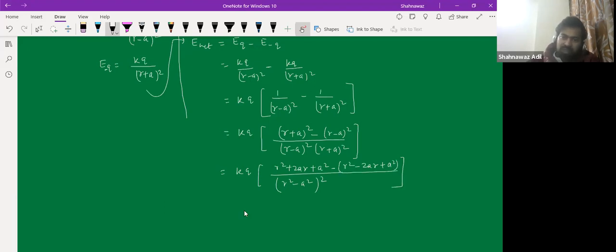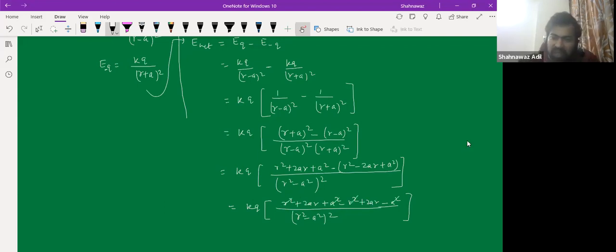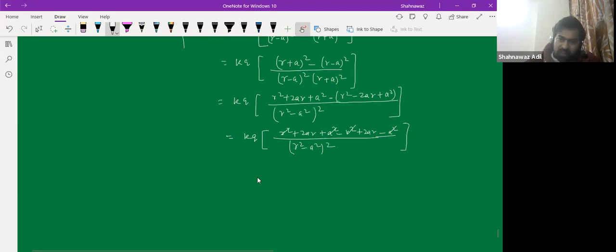Good. So then we simplify this thing. This is KQ over R square minus A square whole square. We see that this is cancelling, this is cancelling. So what do we have? We have KQ and 4AR divided by R square minus A square whole square.